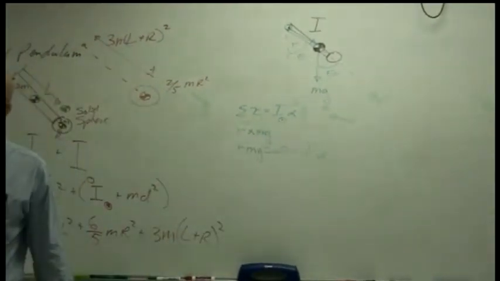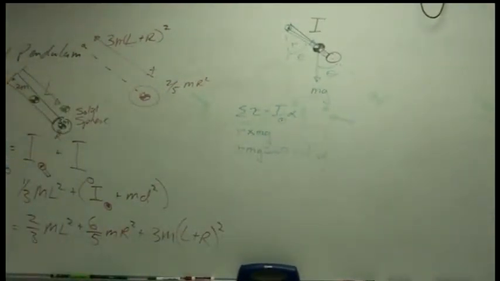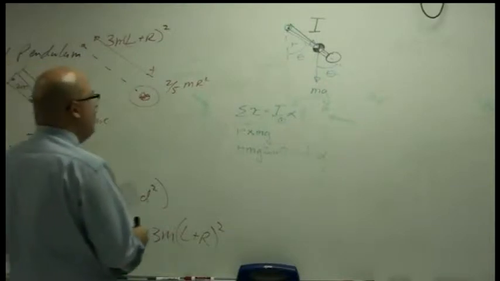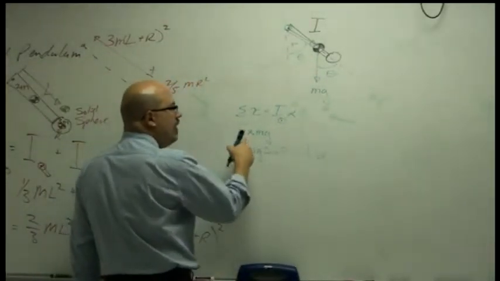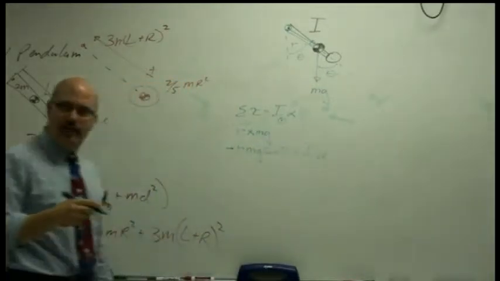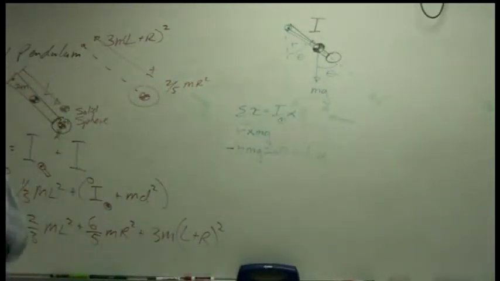Now, I'm going to have to put a negative sign in here, and the reason why is because the torque decreases the angle theta. The torque decreases the angle theta.